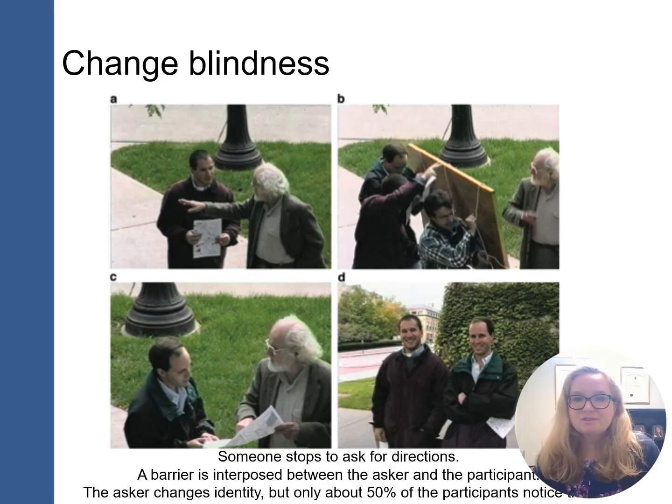And then the person finishes the conversation about the directions, and you ask them, did anything unusual happen here? They don't even realize that the person they were talking to is not the same person anymore. That movement of the barrier in the middle of the conversation and the switching of the people, they didn't even notice. And that's called change blindness, where you have a really distinct change, and you're completely blind to it.